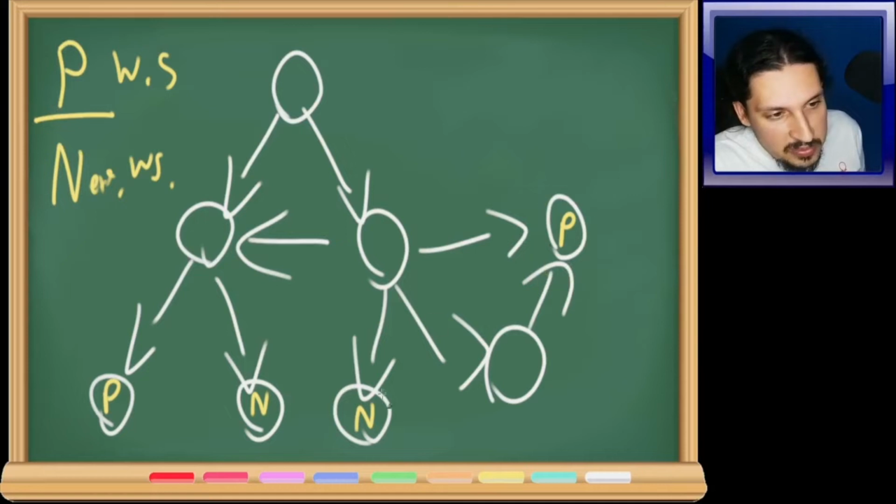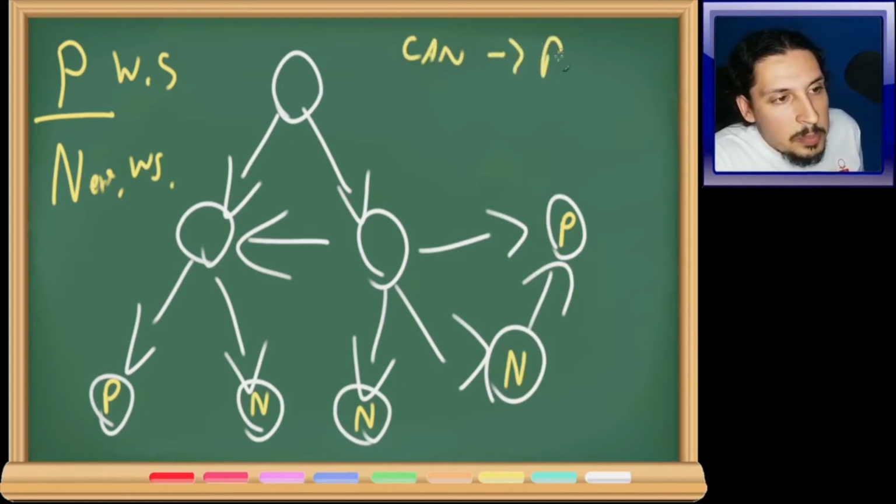You first start with the terminal nodes, because those you label according to the rules of the game. Having those as the base case, for each node, if you can move to a P position, you are immediately an N position. So this is rule 1: if you can move to P, then you are an N position.